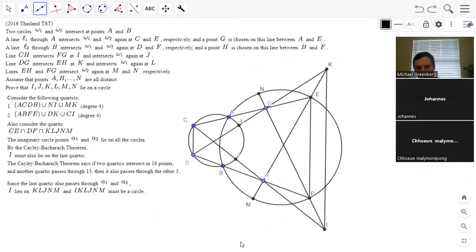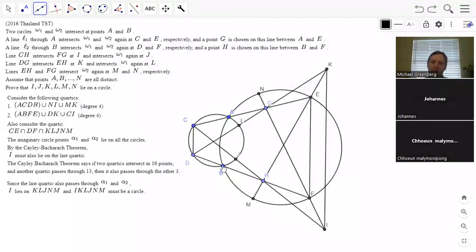And maybe we could do that by showing angle BMH is BJC. And BMH is BME. Wait, is that trivial?